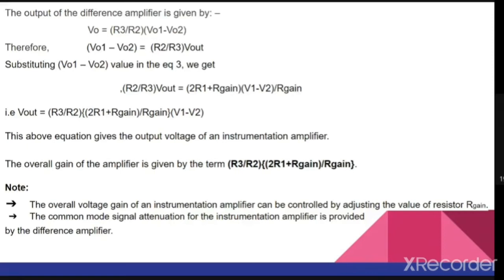Note, the overall voltage gain of an instrumentation amplifier can be controlled by adjusting the value of resistor Rgain. The common mode signal attenuation for the instrumentation amplifier is provided by the difference amplifier.